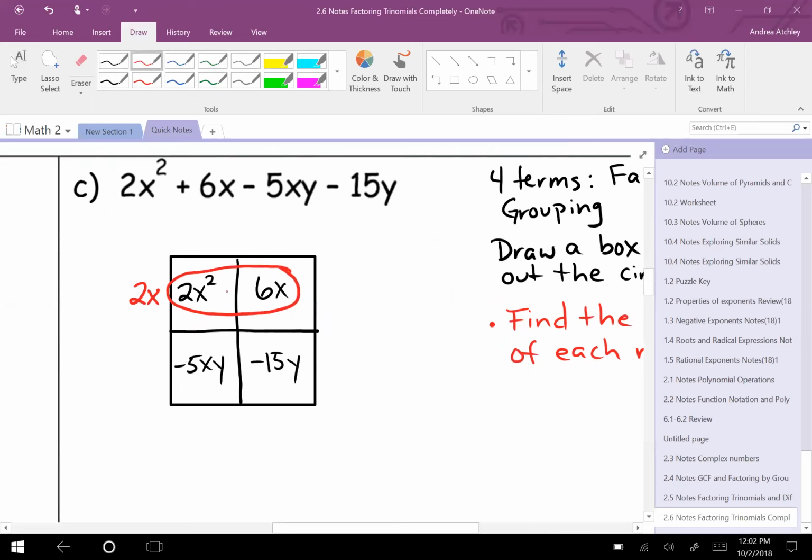They both have an x. The smallest amount is 1, so we're going to pull out 2x. Then we're going to divide. 2 divided by 2 is 1, and I'm going to take away an x, so it's just 1x. And what's 6 divided by 2? 3. And I take away the x. Okay, and it's a positive 3 at this point.